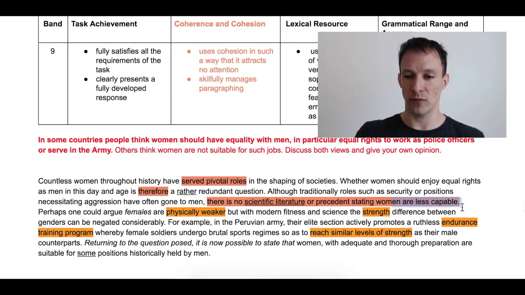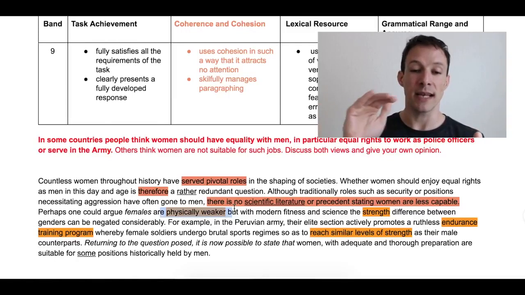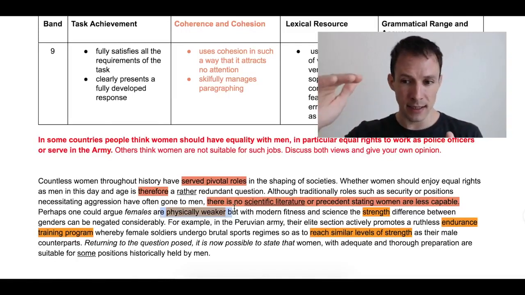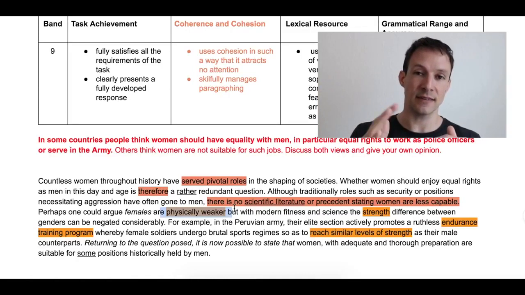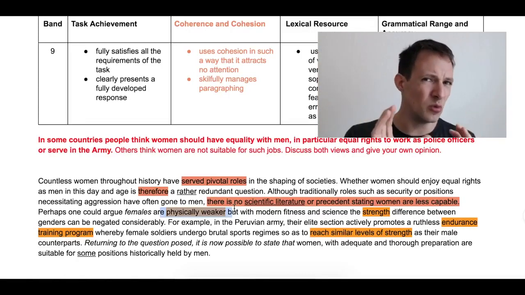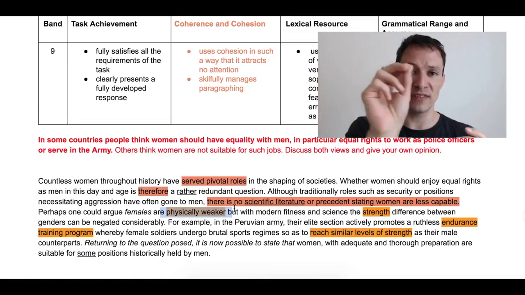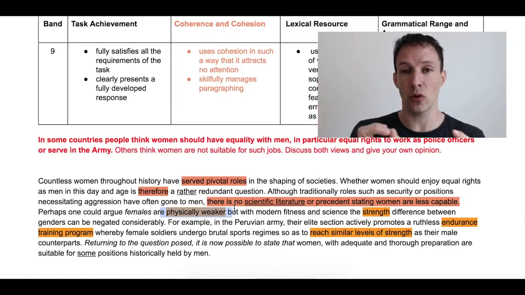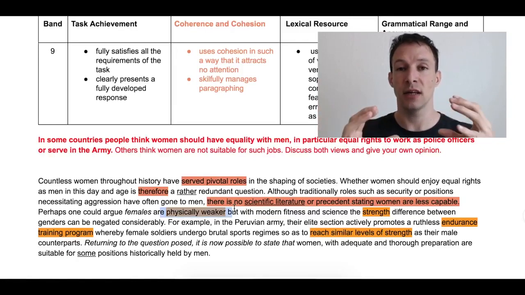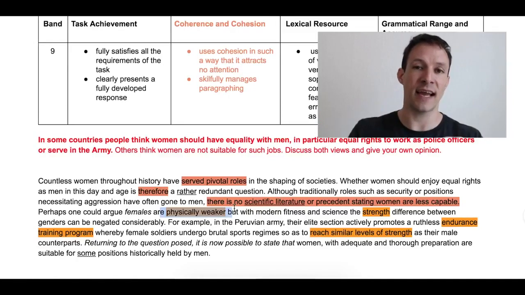And then we go further. Here we're talking about less capable, and then we're talking about physically weaker. So again, there is that link between different sentences, and it's like the glue or the invisible thread that's going through all the words, just keeping the essay tight and together.